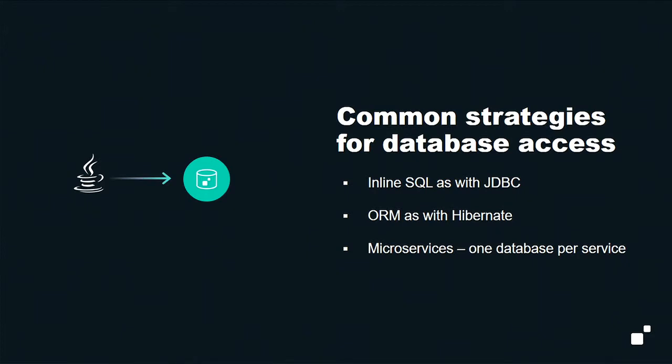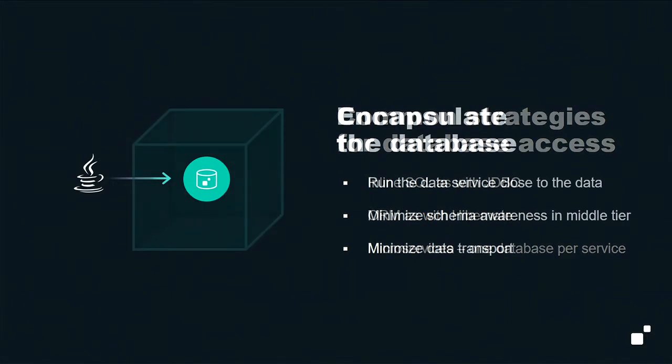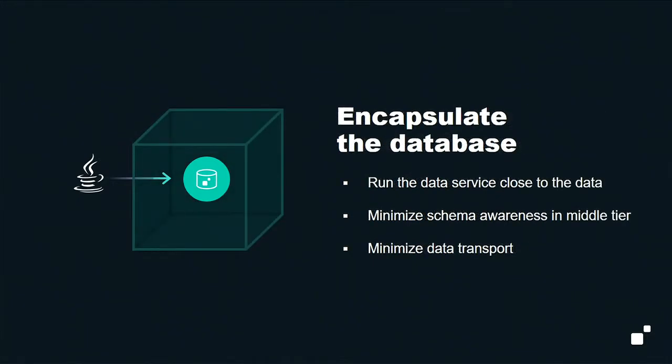So Sarah decides that the root problem here is that the code that knows about the database is too distant from the stored data. So the solution is to bring the code to the data, to run the code that understands the stored data in the database.